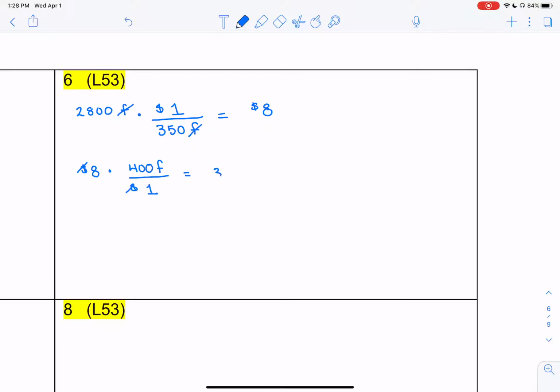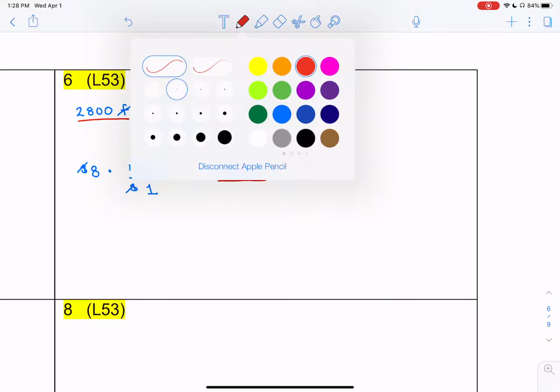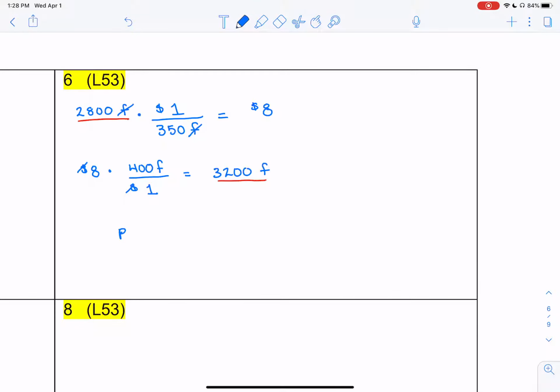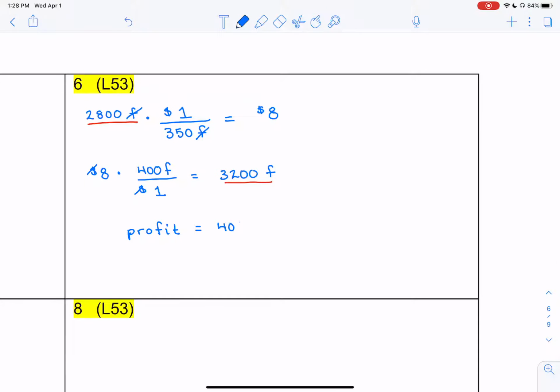I end up with 3,200 francs. What is the profit? Well, I'm going to take my final amount of francs and subtract it from my original amount of francs in order to find the profit. So my profit is going to equal 400 francs.